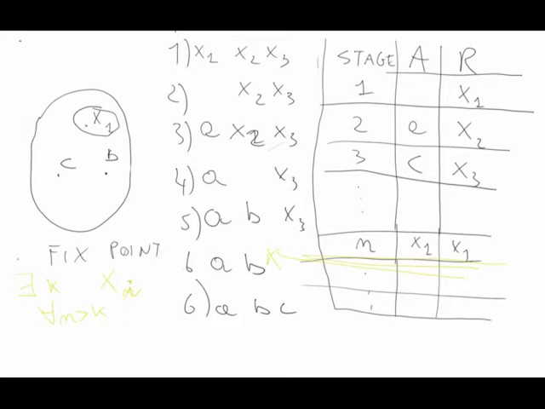So we say that x1 is a fixed point if there is such a stage kappa such that for each n greater than this kappa this point is never removed again. So it's fixed in some sense, because remover will not remove this point.